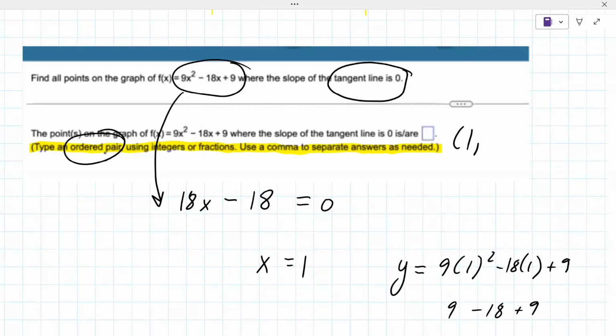That worked out nicely. So it'd be (1, 0). All right, and that was it for that one. Excellent.